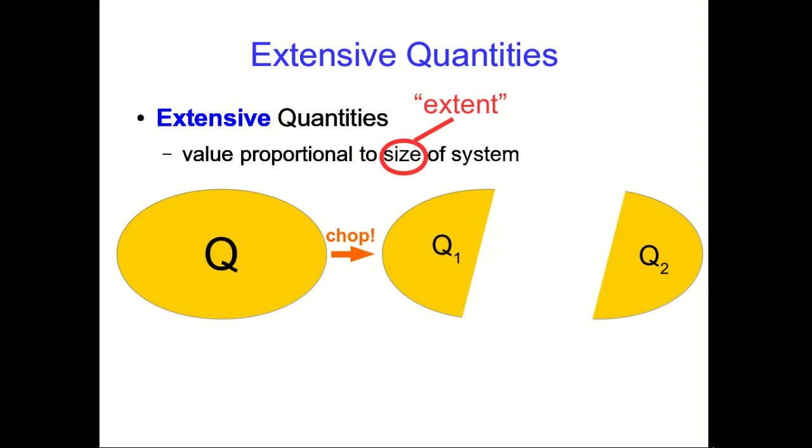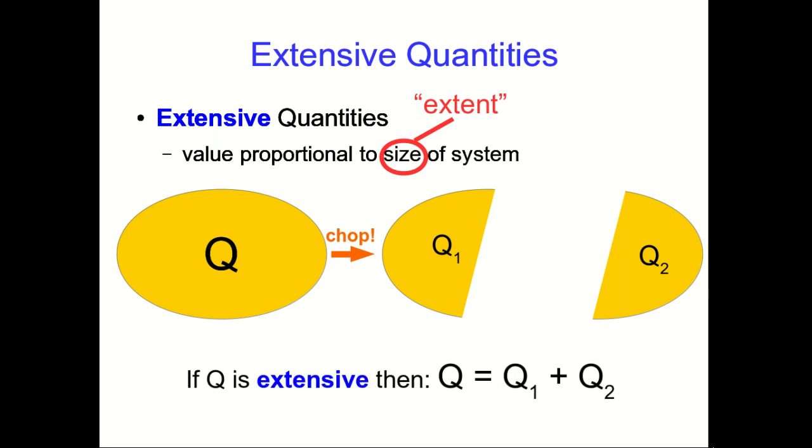Well, if the quantity we're thinking of, Q, is extensive, then the total Q for our original system is just the sum of the Q's for the parts of the system.